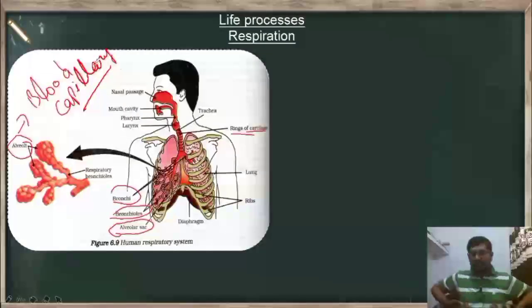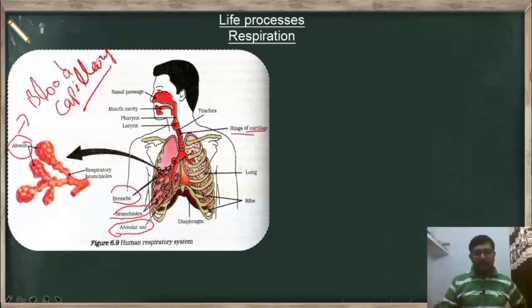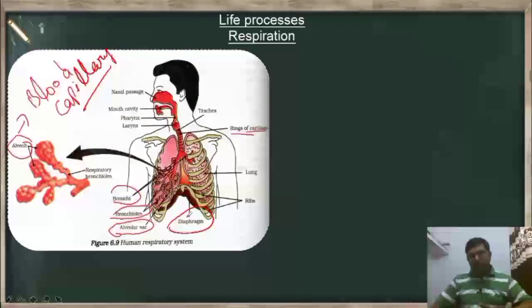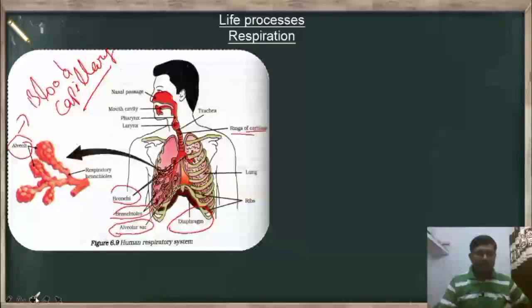You can feel that when you inhale, the rib cage lifts upward and the space becomes widened, and the diaphragm, as you can see in this picture, becomes flat. When the diaphragm becomes flat, the rib cage moves upward and the volume enlarges, the air enters through the nostril and it comes to the alveoli. So now we will have the picture of the alveoli.